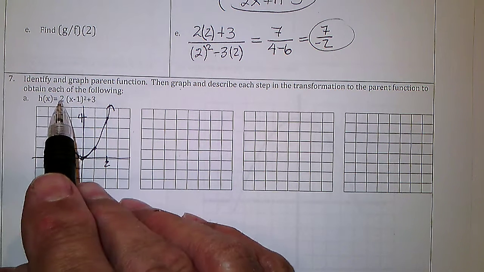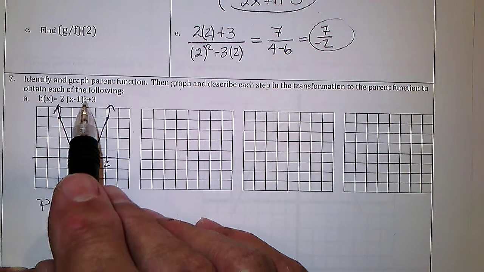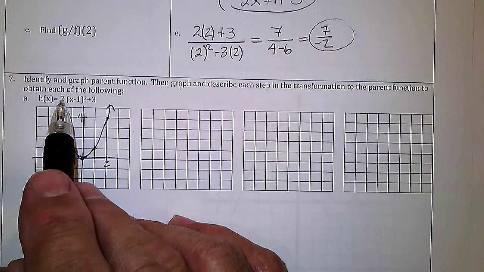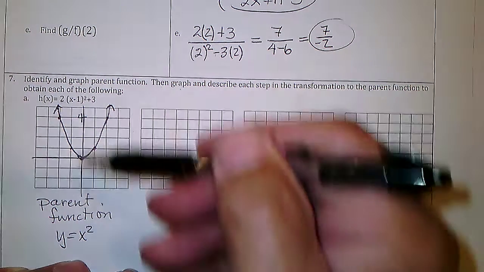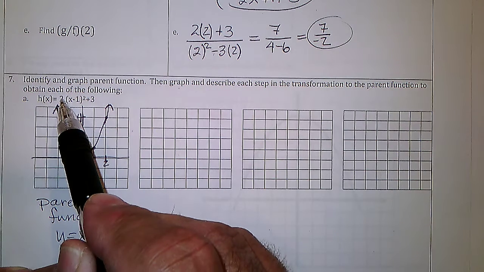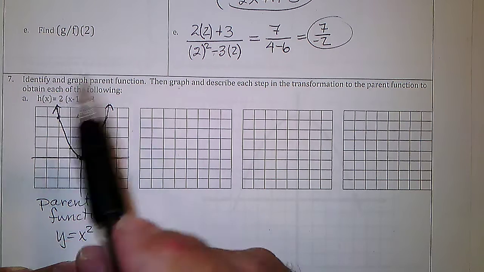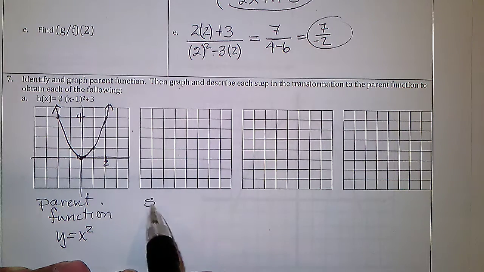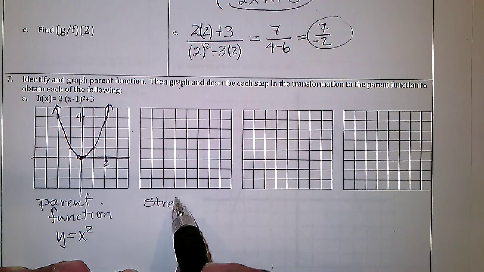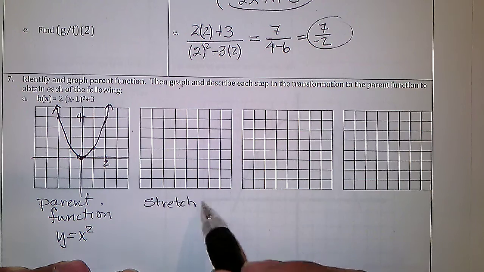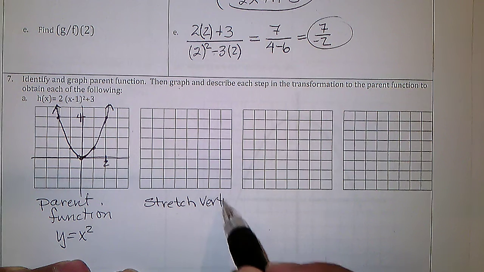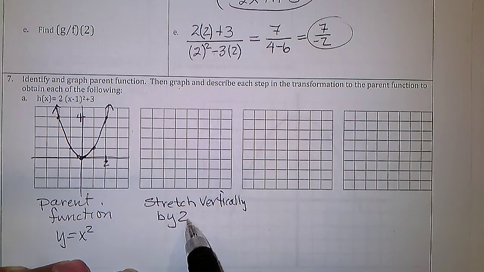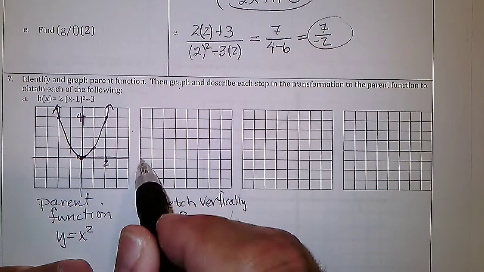So we have multiplying by 2, adding 3. Multiplying by 2 would happen first. This is outside, so it works vertically. So I got to move everything, and it's times 2, and it's outside, so it stretches it vertically by 2. And so that's from the x-axis.